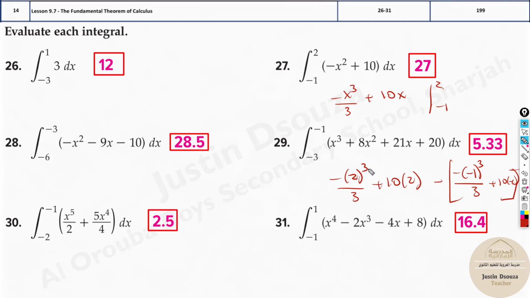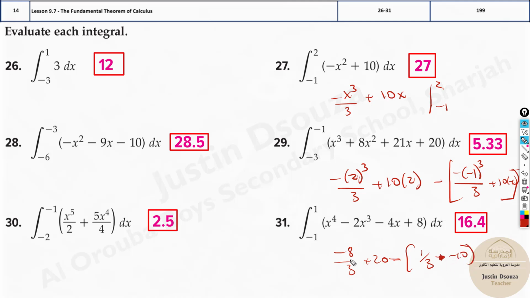It'll be 8 minus 8 by 3 plus 20, minus, over here it's cubed, minus sign remains, minus will be plus, so it'll be 1/3. Why? Because minus 1 the whole cubed is minus 1 itself. Then multiplying this minus, it'll be plus 1 by 3, plus 10 times minus 1 will be minus 10.